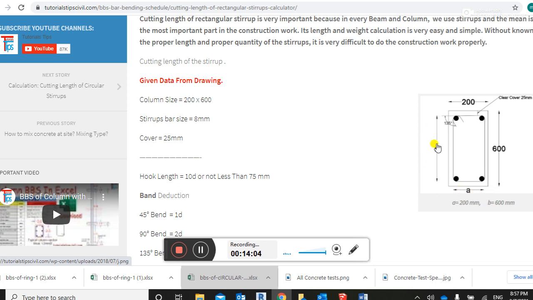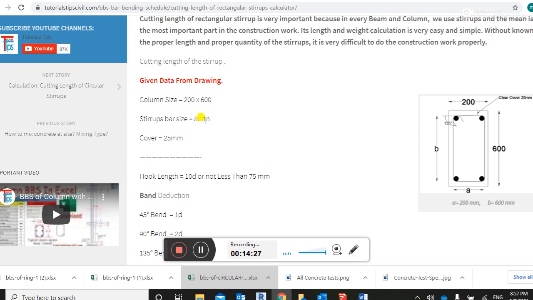This is A, this is B. A is 200 millimeter and B is 600 millimeter. This is the dimension data given from the drawing. Column size is 200 into 600.